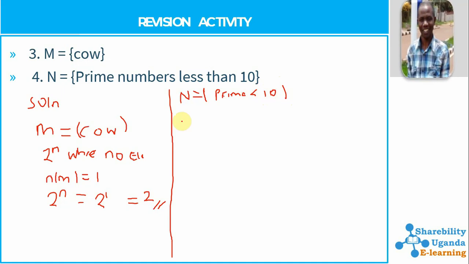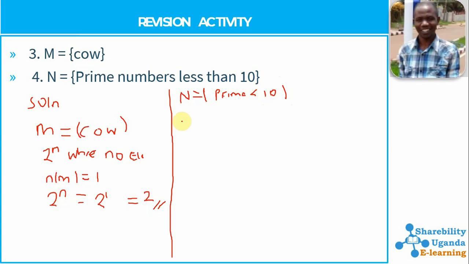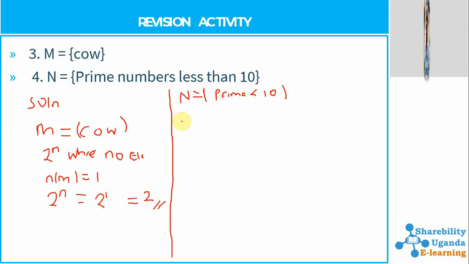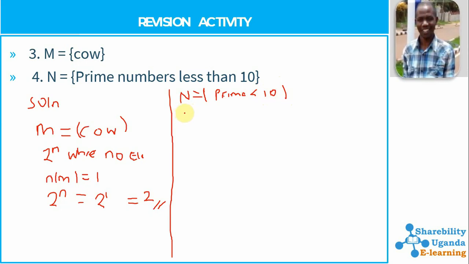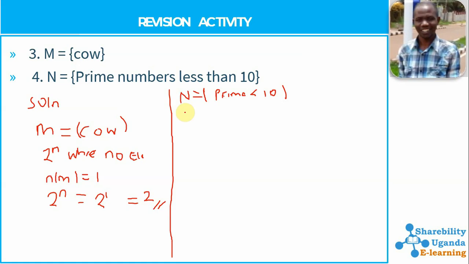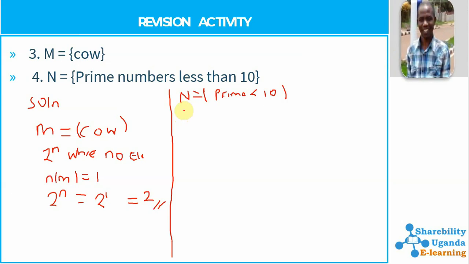First of all, we have to understand what these prime numbers are. Does someone have an idea about prime numbers? Okay, that's right. Prime numbers are whole numbers that are greater than 1, and they have 1 and itself as their only factors.